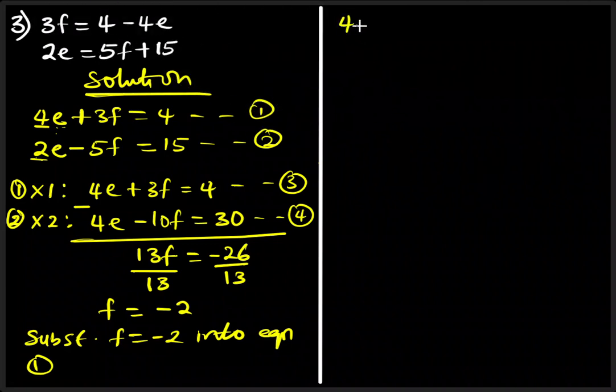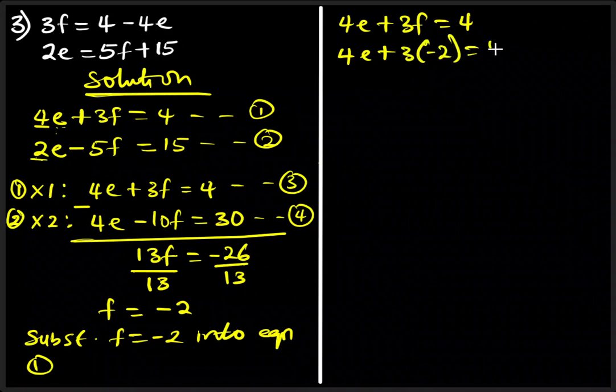Equation 1 says 4e plus 3f equal to 4. So 4e plus 3 times our f, which is minus 2, equal to 4. So 4e minus 6 equal to 4.